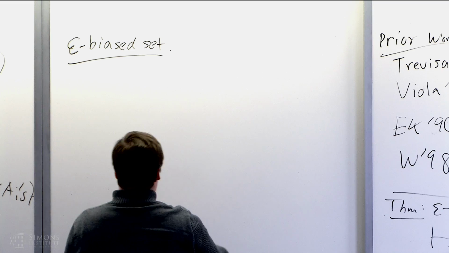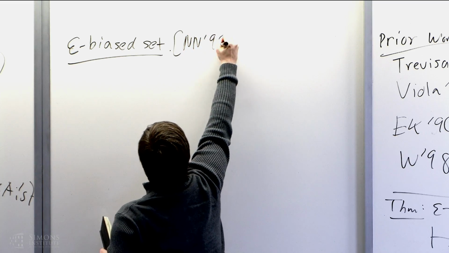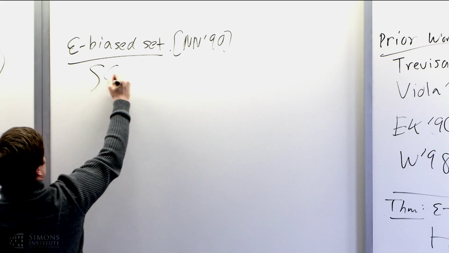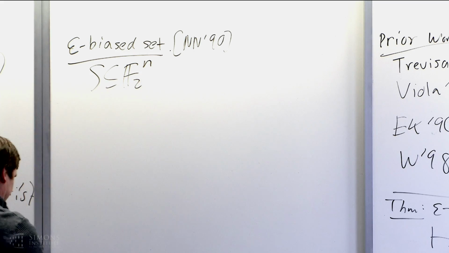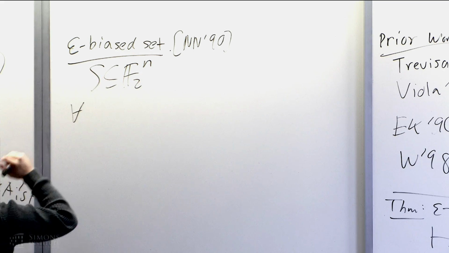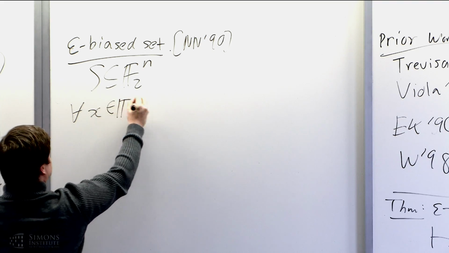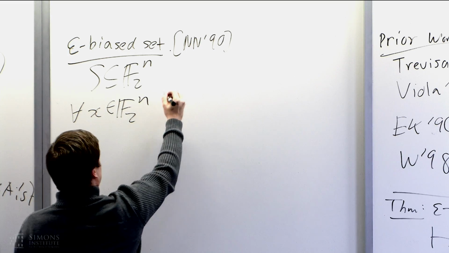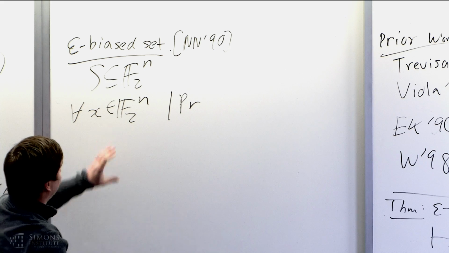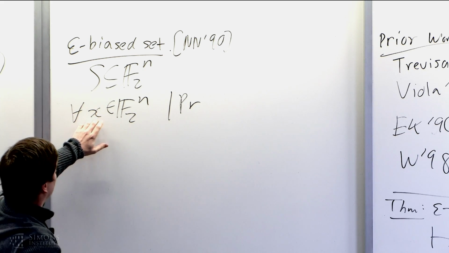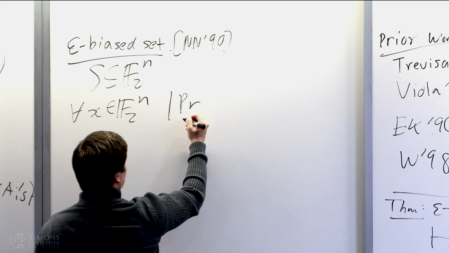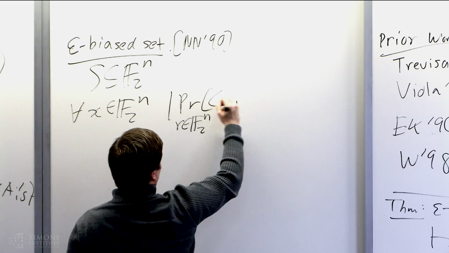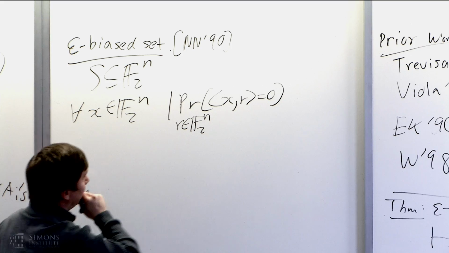So what are these things? These are really wonderful objects constructed by Naor first in 1990. Take some subset of F2 to the n. It's epsilon biased if for all x in F2 to the n, this thing will closely approximate the parity of a random inner product on x. Suppose I've got a uniform random r in F2 to the n, and I'm looking at the probability that this thing is 0.